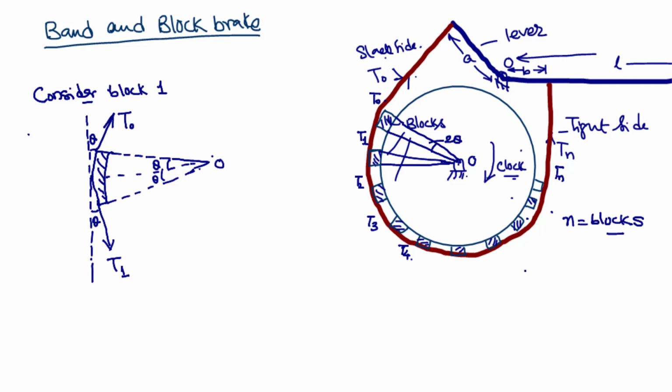Then the friction force acts in this direction, which is mu R, where R is the reaction between block and drum. This is the free body diagram of the block.